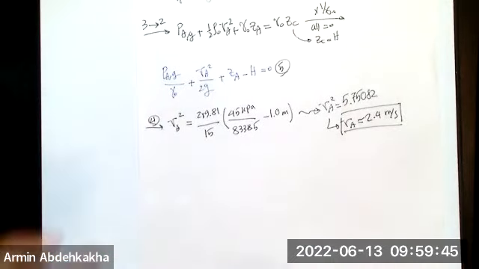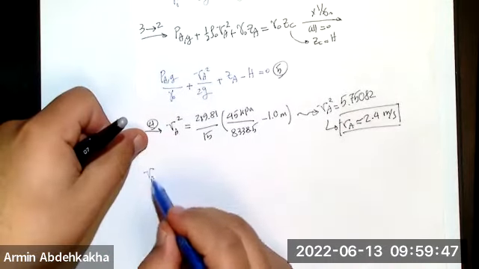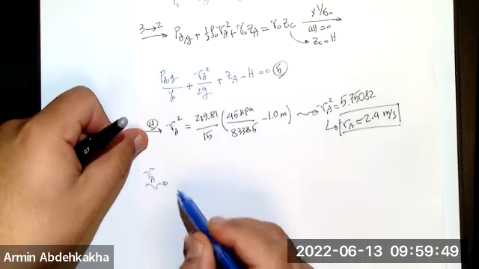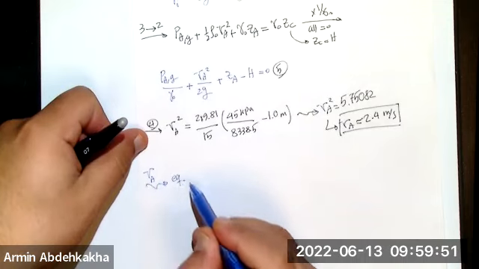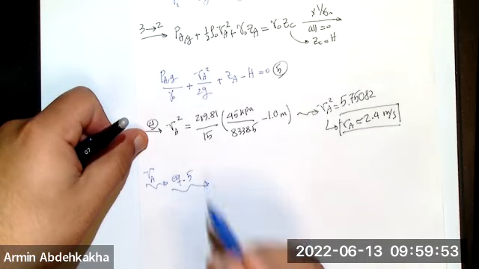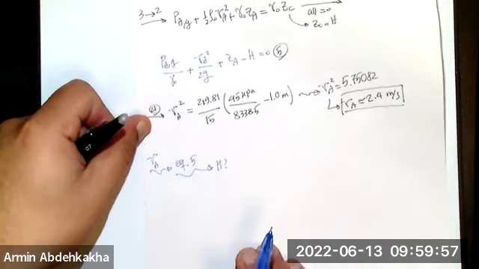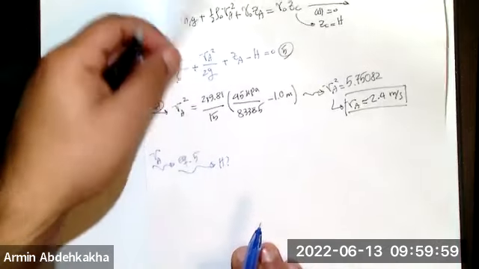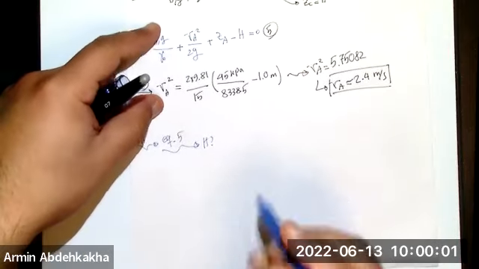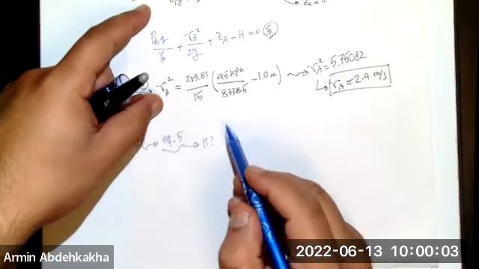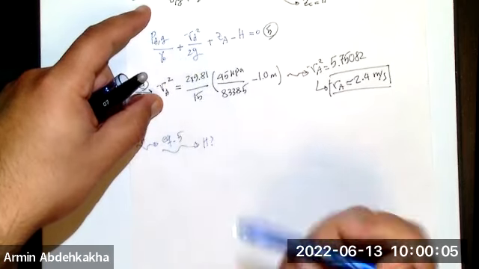You know VA now. Now plug VA into equation 5 and then find H. Equation 5 is here.